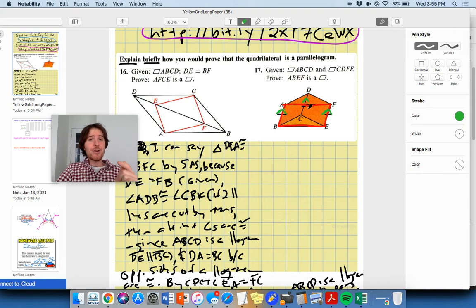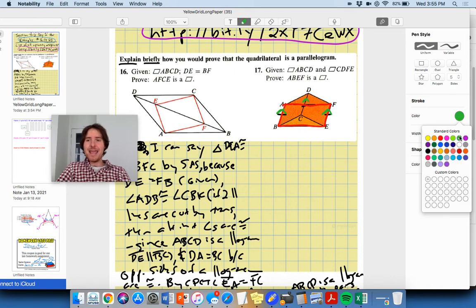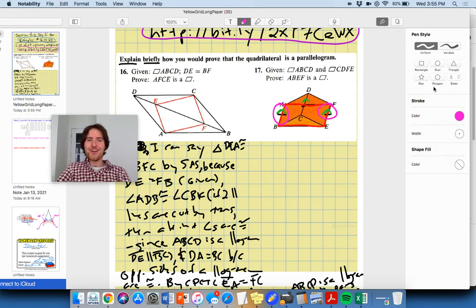The question is, how does that help us get the front shape to be a parallelogram? Well, what do I have? What do I notice here? What did I end up being able to mark up right here and right here? Those opposite sides, AB and FE, are both parallel and congruent. And that's enough, right?